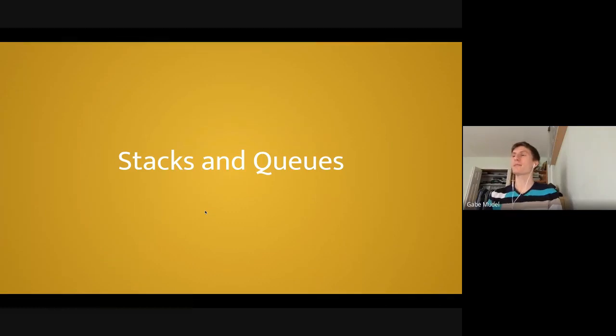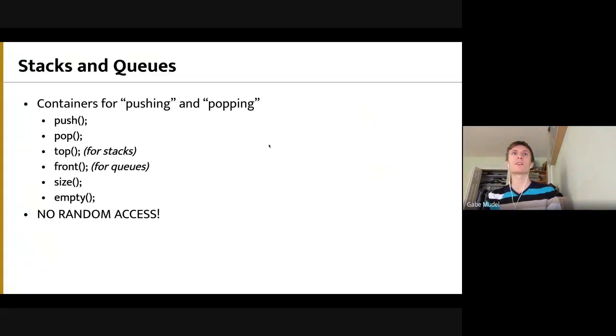Okay, so now we're going to be talking about stacks and queues, which you should probably remember from 280. These are containers that support pushing and popping. They're a little bit different from arrays and linked lists, although you can implement both of these with arrays and linked lists.